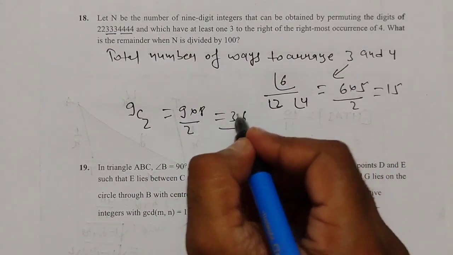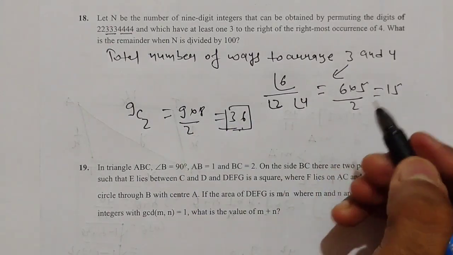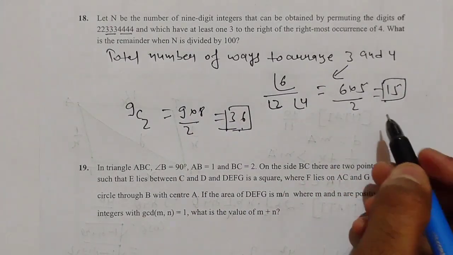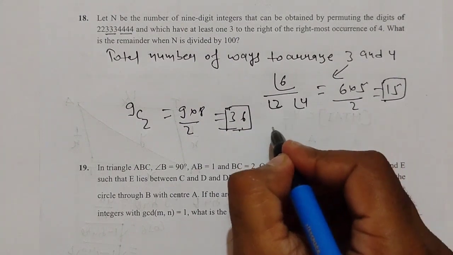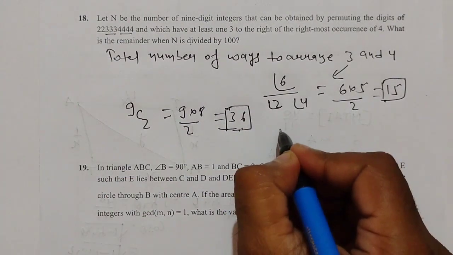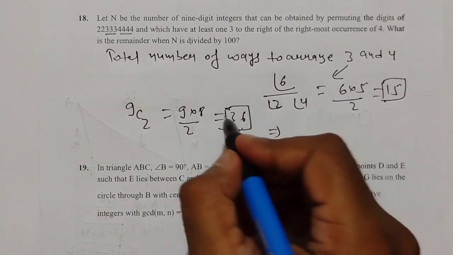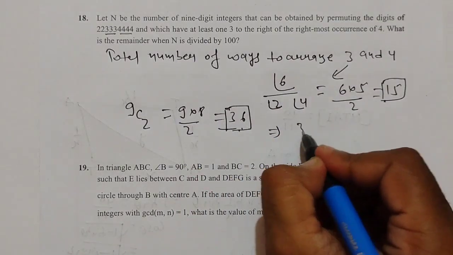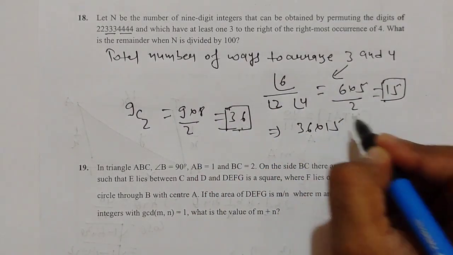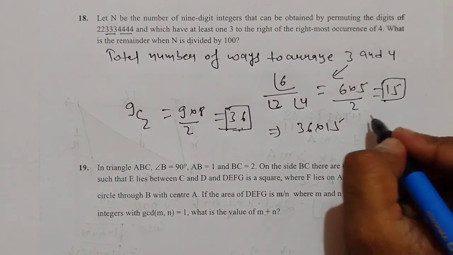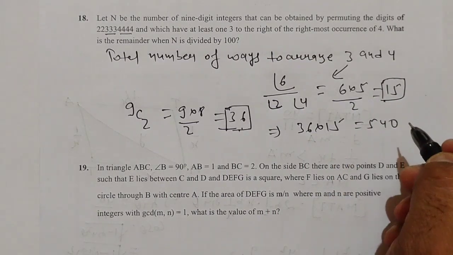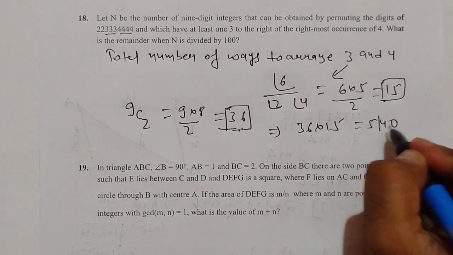So the total ways are 36 and 15 together, so we have to multiply. So 36 into 15 is equal to 540.